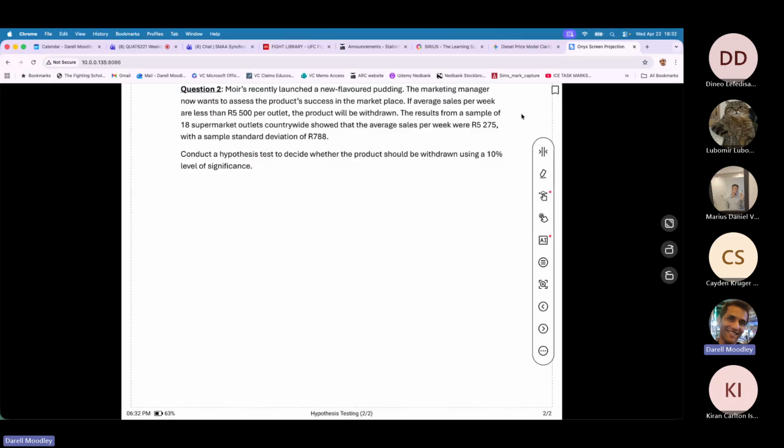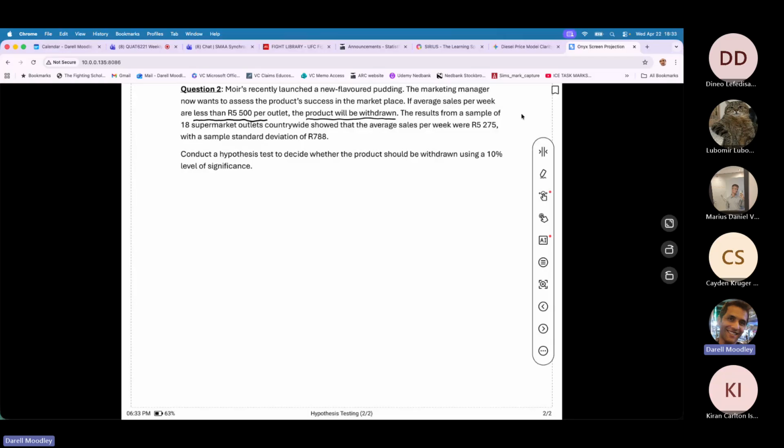Okay, problem number 2. Let's read through this problem. Moyes recently launched a new flavored pudding, and the marketing manager now wants to assess the product's success in the market. Now, if average sales per week are less than 5,500, the product will be withdrawn.